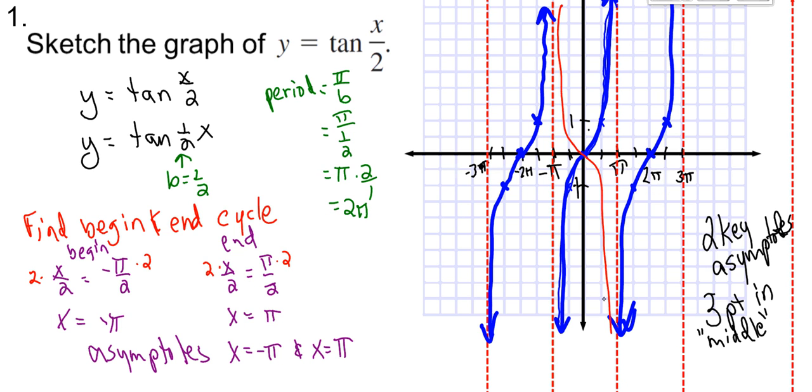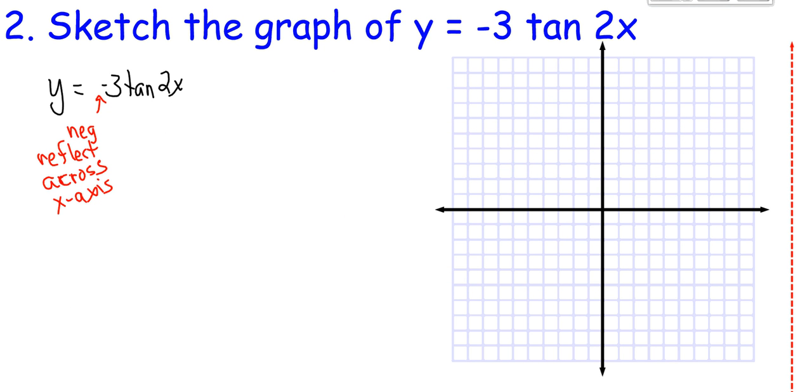So we would have the opposite places. 0 is still going to be 0, and the asymptotes will be the same, but it will reflect across the x-axis. And then the 3 part, it's not called the amplitude, but it still will stretch it by a factor of 3 vertically. So that's a vertical stretch by a factor of 3.